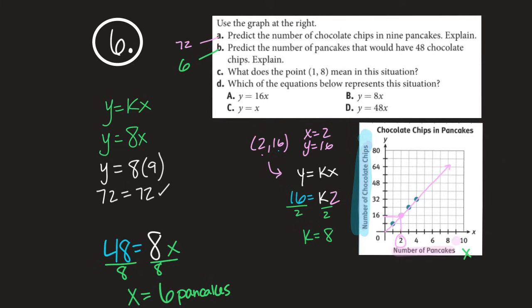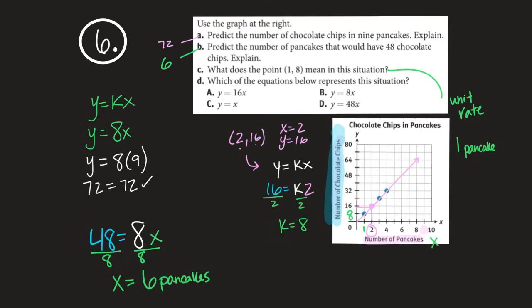The 8 means in this situation that when we have one pancake, there are 8 chocolate chips. So an answer for this one would be the unit rate. For one pancake, we can say there are 8 chocolate chips.